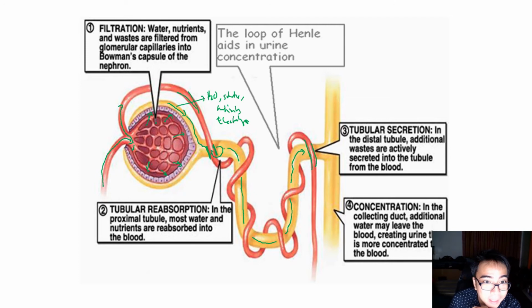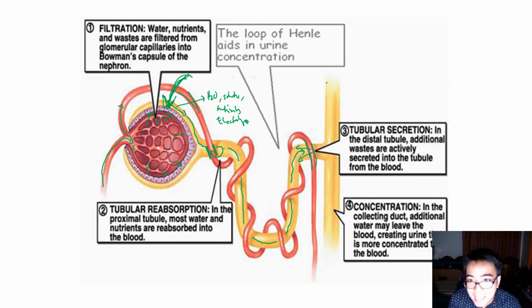Dapat yung waste products lumabas dito. Eh may iba nakakapasok pa, nakakaligtas, sumasama sa blood. Okay, pagdating dito sa distal tubule, right? Nababawasan pa sila lalo. So they are actively excreted back into, or going into, the collecting tubules. All right? Or sa distal tubule, binabalik doon yung waste or nilalabas doon yung waste products. So additional wastes are actively secreted into the tubule from the blood.